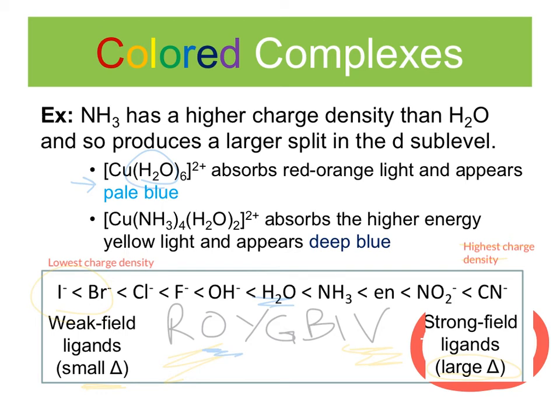If some of those ligands are, instead of being all water, if some of them are ammonia instead, ammonia would then have a higher charge density, and it's going to cause it to absorb something a little higher on the spectrum, maybe a little light, yellow light being absorbed. So you're going to get a deepening of the color from pale blue to deep blue. As you're getting more and more splitting, that's a more energetic wavelength being absorbed.